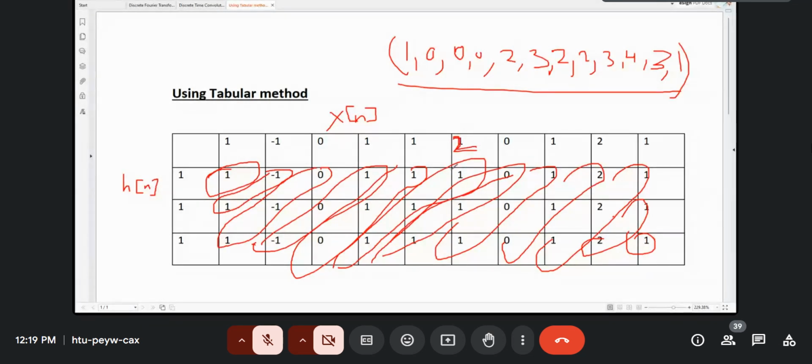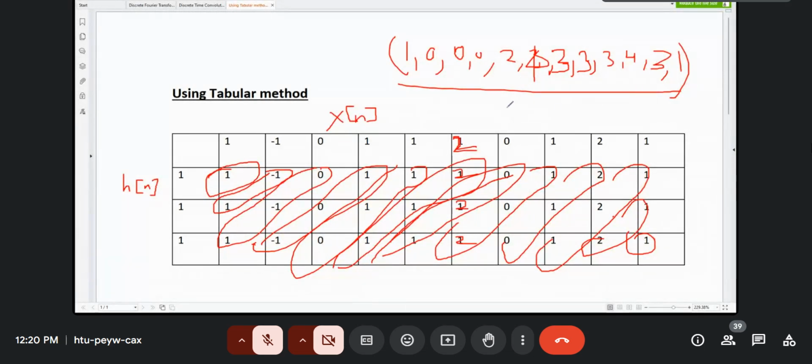This is 2. So you need to put 2 everywhere here. Yeah, I think that's where we were going wrong. So this is 2, then this is 4, then this is 3, then this is 3, then 3, 4, 3, 1.